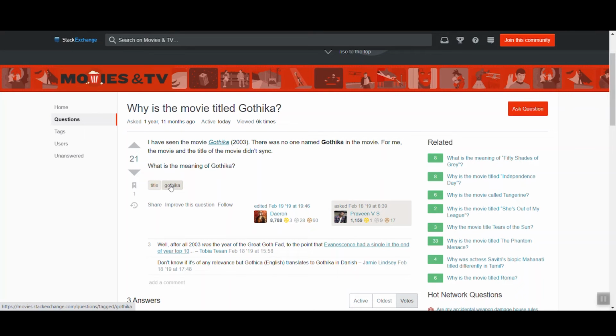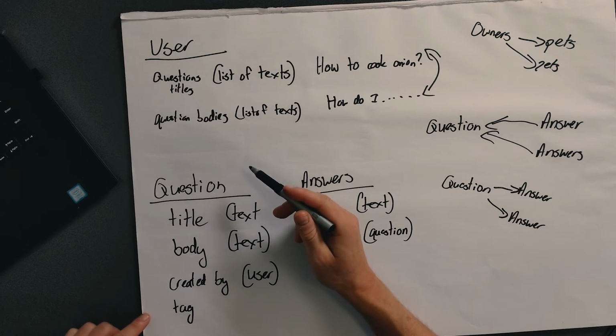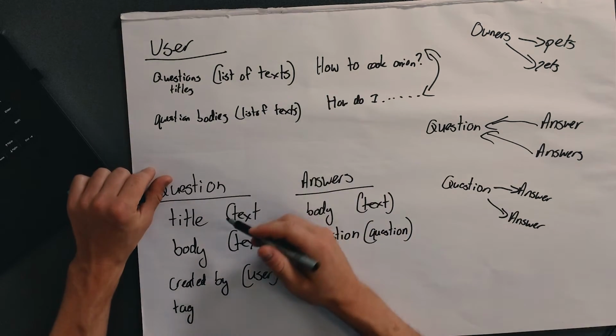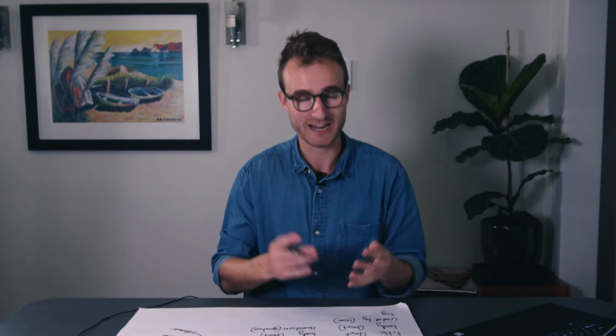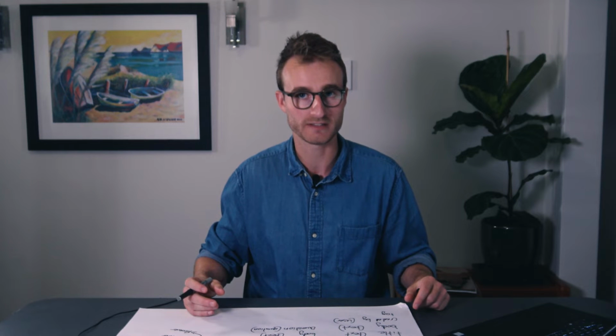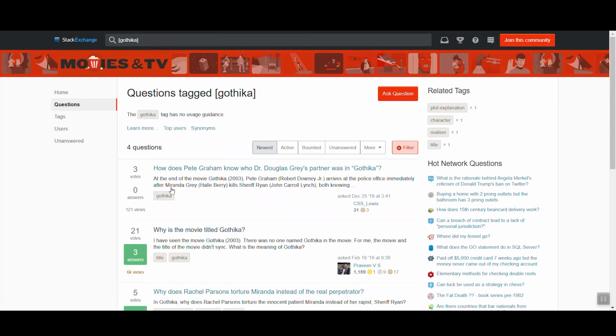What else do we have? We have a tag. Okay, so on the question, we've got a tag. And again, we're faced with the same question. Should we have a list of texts for this tag? Or does it warrant to have a tag as an entirely separate object? And in our case, we actually have this ability to look for all of the questions that share the same tag.